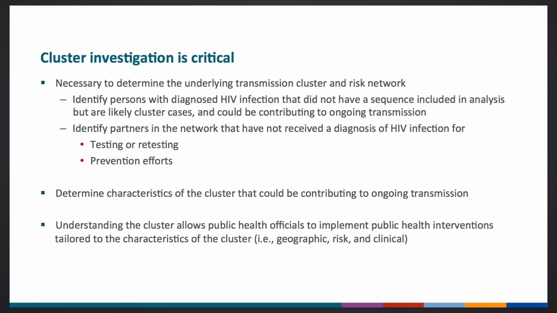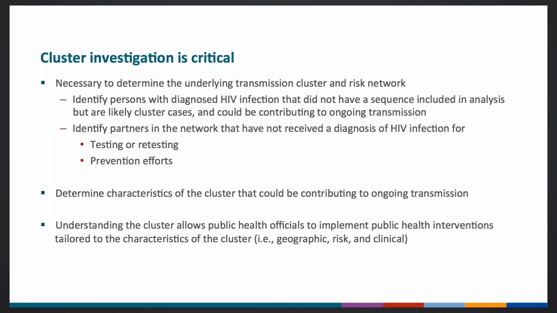So cluster investigation is critical. And why is that the case? It's really important to determine the underlying transmission cluster and risk network. As I showed you before, what we get from molecular analysis is often the tip of the iceberg. And we need to identify people with diagnosed infection that didn't have a sequence included in analysis, but could be contributing to ongoing transmission.